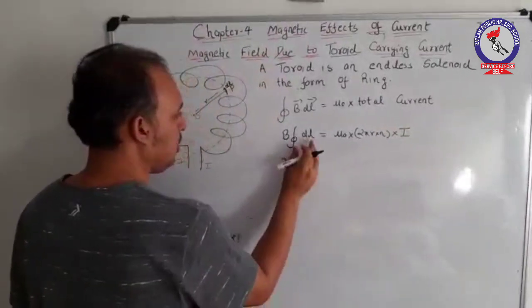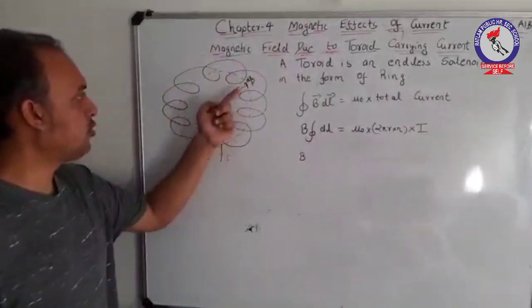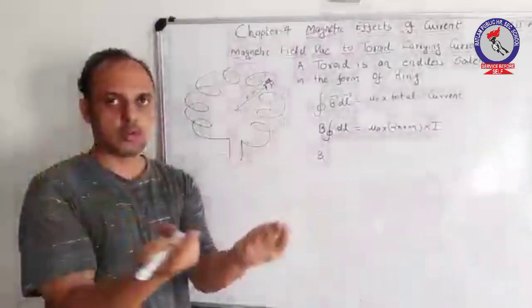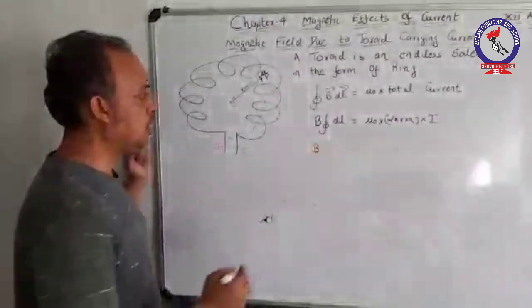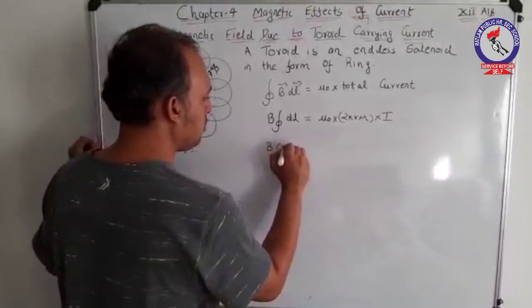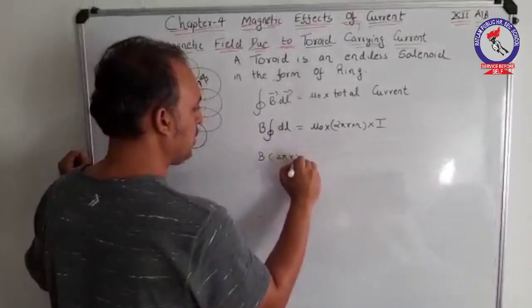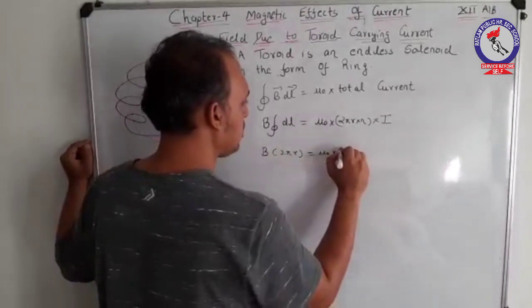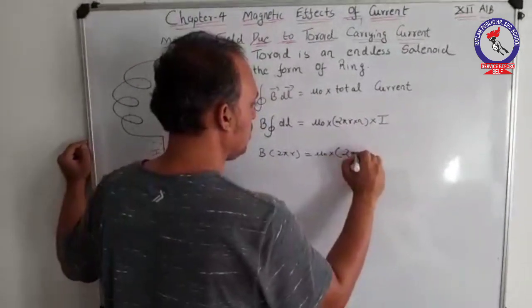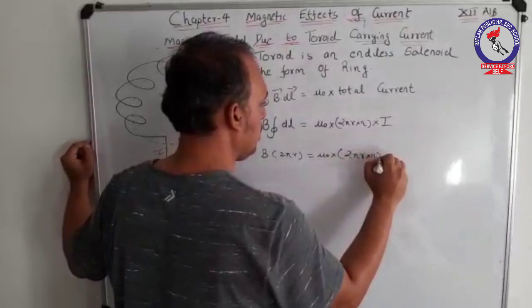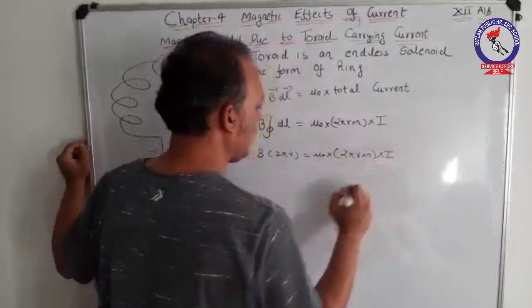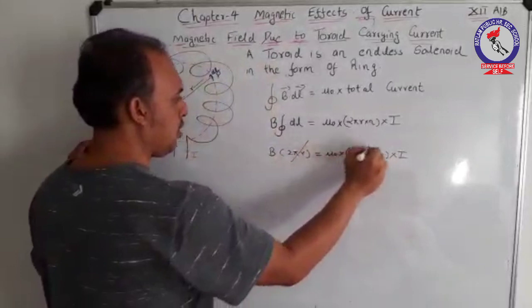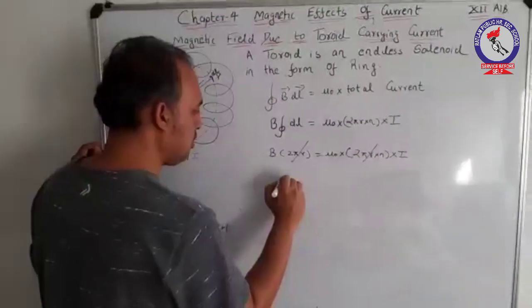B times the integral of dl, that is, if you spread this element over this circle formed, the integral of dl will be equal to 2 pi r, which equals mu naught times 2 pi r into n into I. 2 pi r and 2 pi r get cancelled.